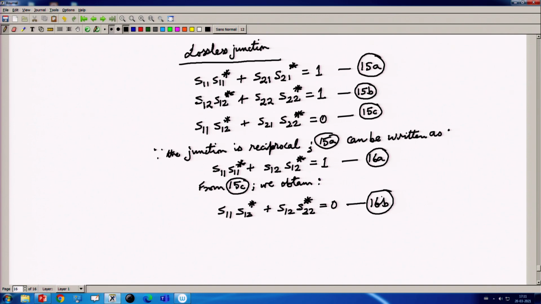So, now if you compare 16A and 15B, what do we get? We get mod S11 square equal to mod S22 square, because these two terms are the same.